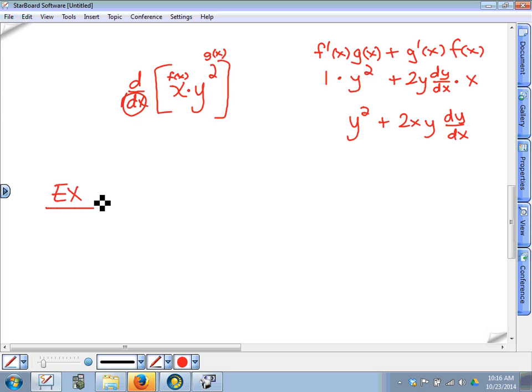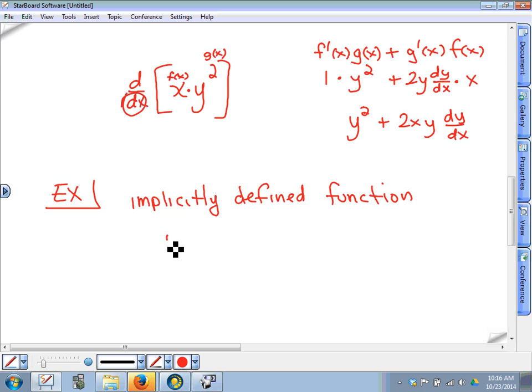So here's a new example. An implicitly defined function. So now this is going to have an equal sign. y to the third plus y squared minus 5y minus x squared equals -4.